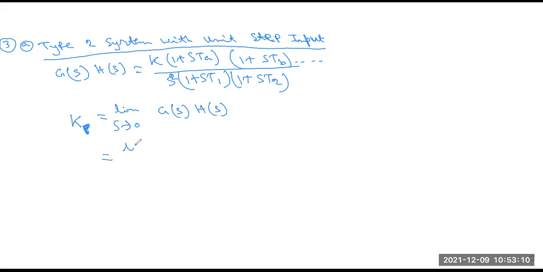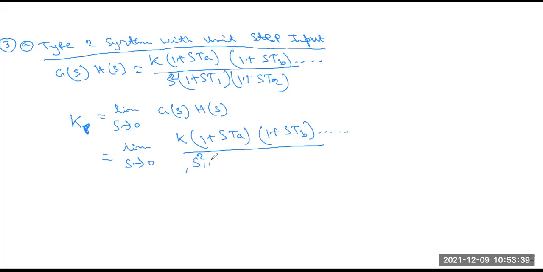Now we put the value of G(s)H(s): K into (1 plus sTA) into (1 plus sTB) and so on, and the denominator part is s square, which means a type 2 system. When type 2 is coming, the power of s is 2; for a type 1 system, the power of s is 1. Then (1 plus sT1) into (1 plus sT2) and so on.